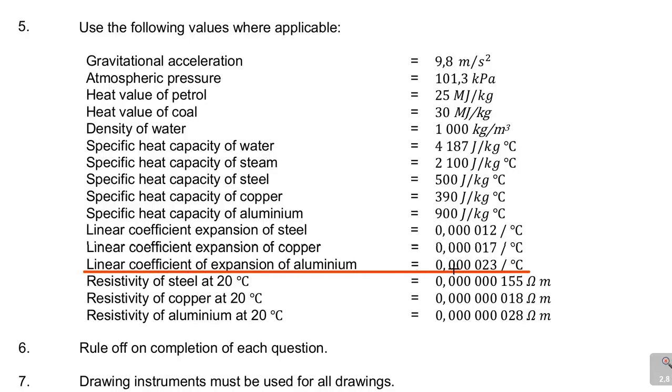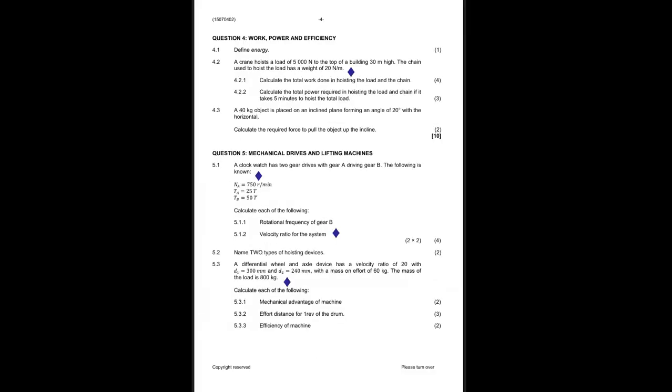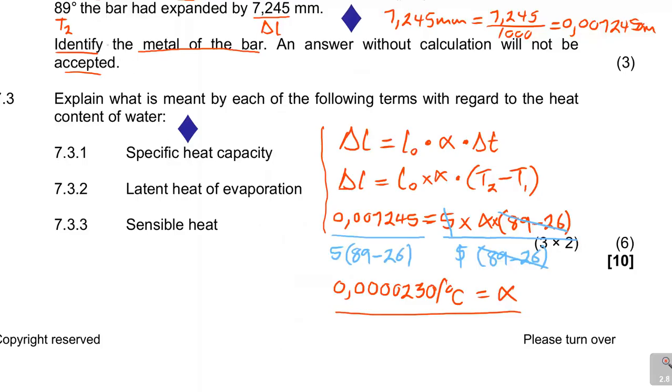It's got 4 zeros, 1, 2, 3, 4, 23 per degree, and you can see that it is the linear coefficient of expansion of aluminium. So this is the key part, aluminium. Now the question says I need to identify the metal. So after this I say, therefore the metal is aluminium.